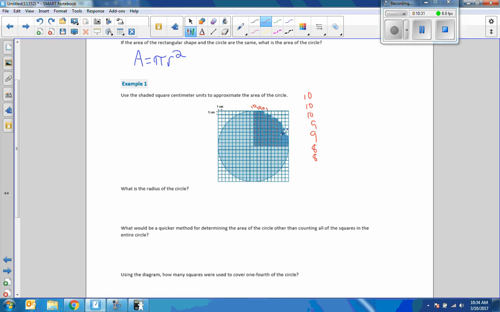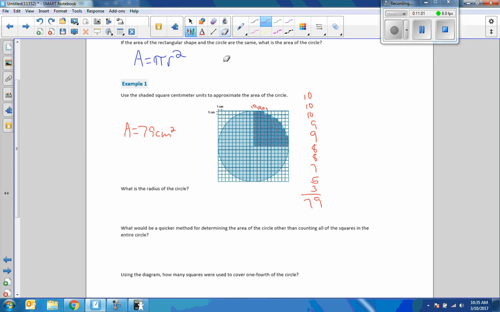Then 7, then 5, then 3. If I add all of these up, 3 plus 5 is 8, 15, 23, 31, 49, carry the 4, 5, 6, 7. So I'm approximating the area of the circle to be 79 centimeters.